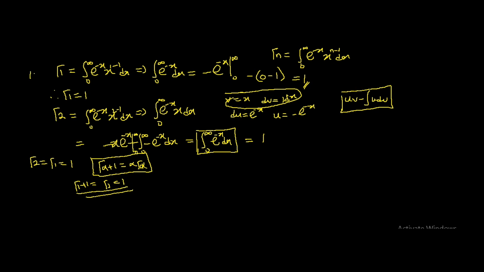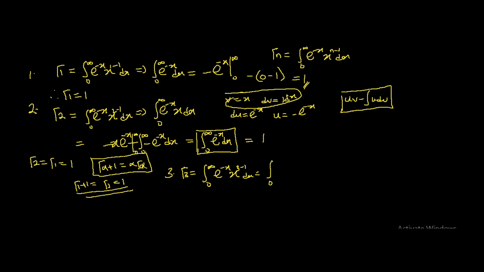This is gamma 1, gamma 2. Let's look at the third one now. Let's find gamma 3 here. This is going to give us the integral from 0 to infinity of exponential minus x times x to the power of 3 minus 1 dx.